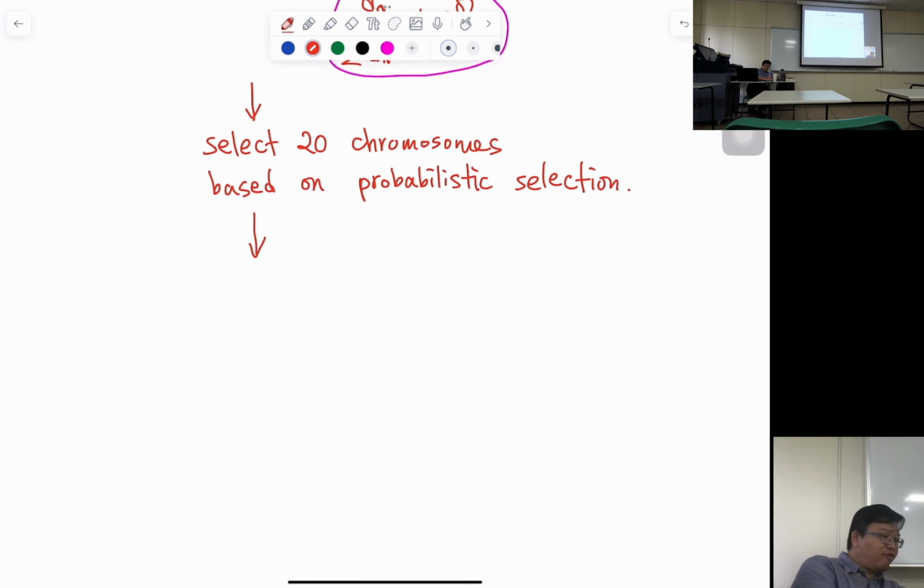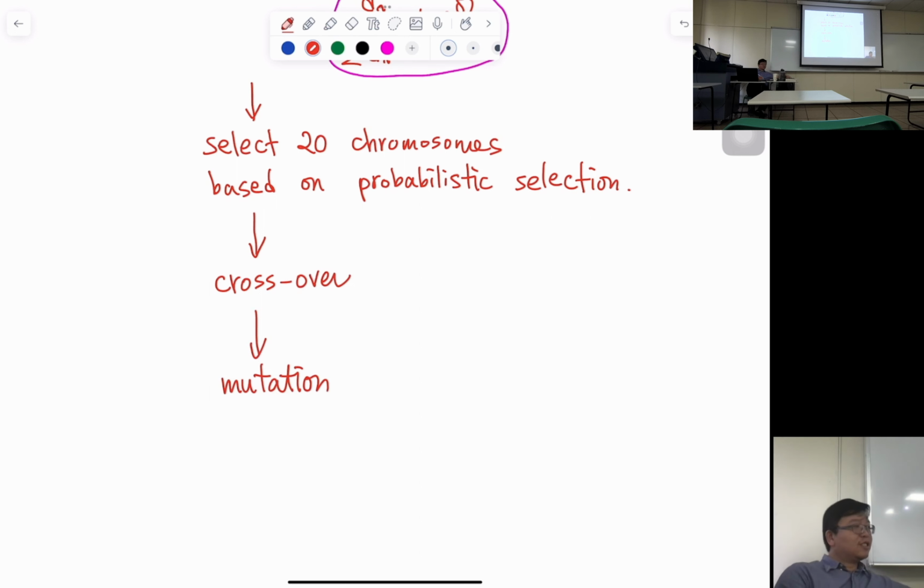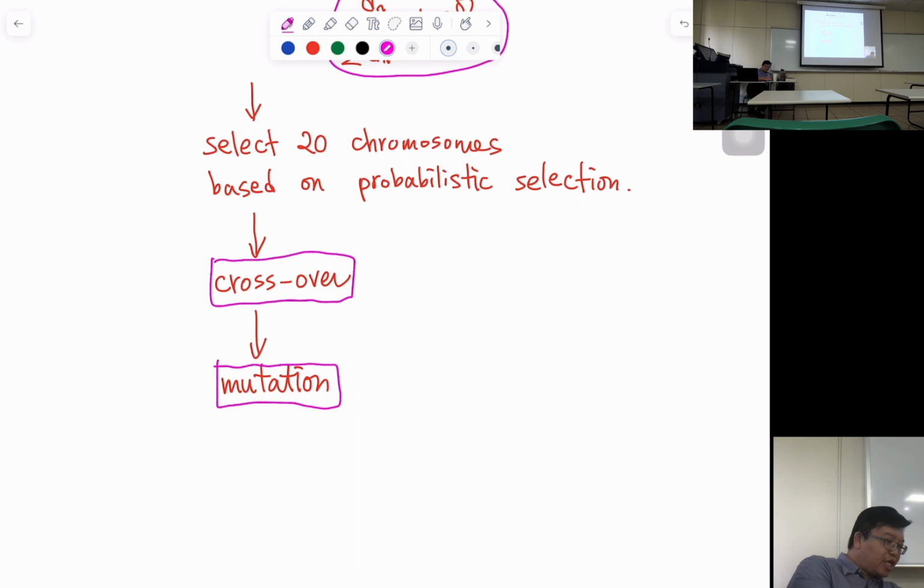Then you are going to perform something called crossover or mutation. Okay. Which one goes first? Either way. So what does crossover do and what does mutation do? In crossover, basically, you are going to select 2 chromosomes out of the 20.